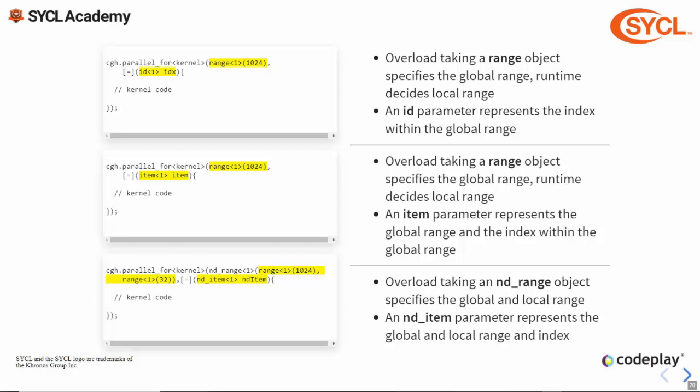This variant is useful for when you don't need to specify a specific local range, but the kernel function still needs to know what the local range is and the current work item's position in it. The final variant takes an ND range object, which represents both the global and local ranges, and the callable takes an ND item object. This variant is useful for when you need to specify the local range in order to ensure a specific workgroup size.